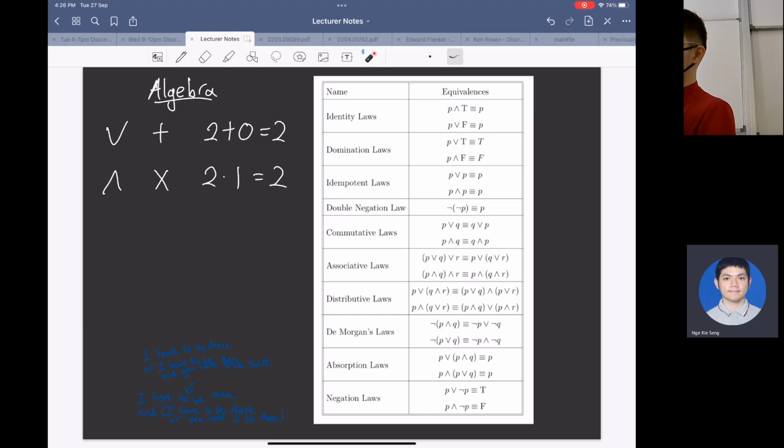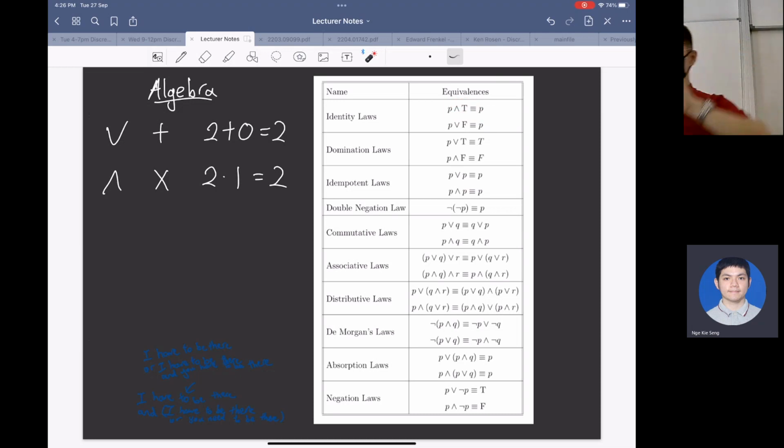You should show this logical equivalence by using what? How to show logical equivalence? Truth table. Okay, so use this kind of method. Replace the P and T here and then P here.